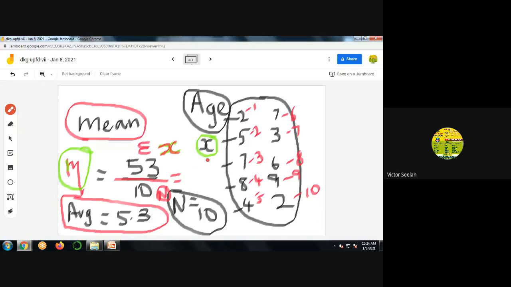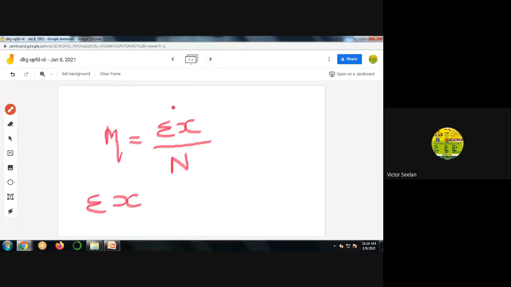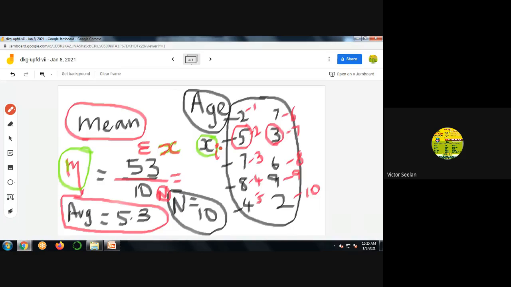For mentioning each number, I put i. It's a general term. If it is x2, I'm mentioning this 5. If it is x7, I'm mentioning this 3. So in general, I put i for each term. If I put 1, I'm mentioning this 2.